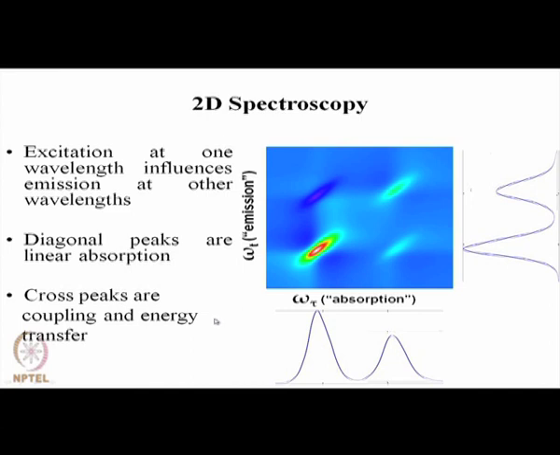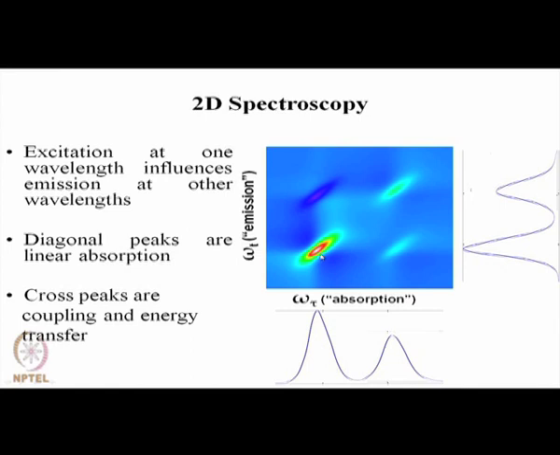Okay, so you can follow both from 2D spectroscopy if there is any energy transfer. So this is your diagonal peak and these two are cross peaks, coupling and energy transfer, so off diagonal.